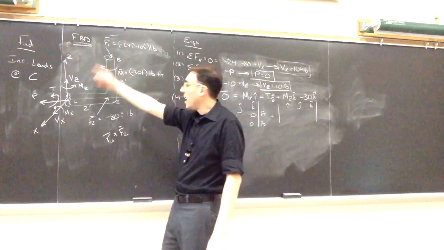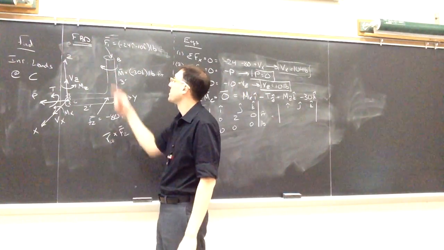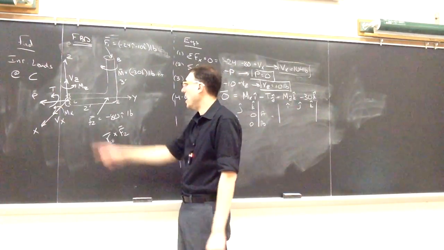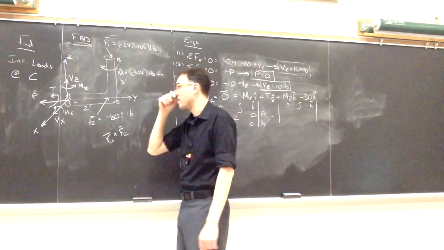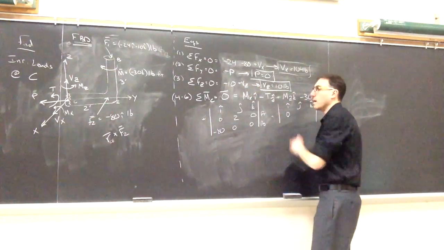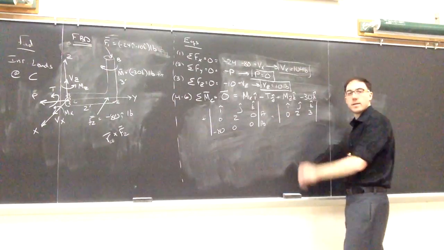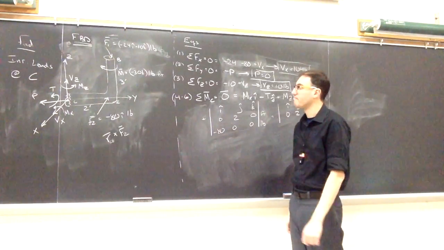Then for F1, I'll have r CB cross F1. To go from C to B, I go 0 in the i direction, I go 2 in the y direction, and I go 3 in the k or the z direction.